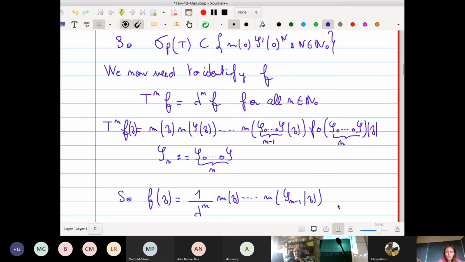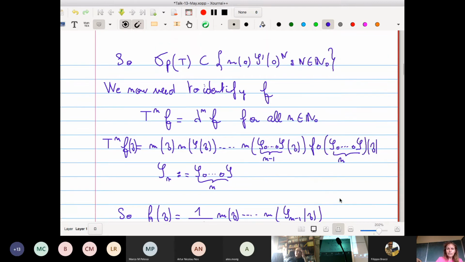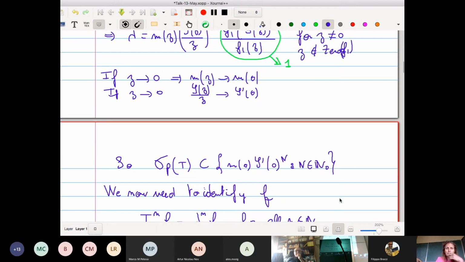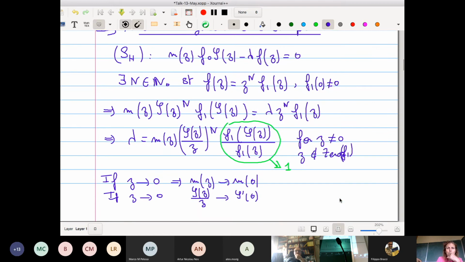And now I recall that we have introduced the function f1, which is the one with no 0 at 0.